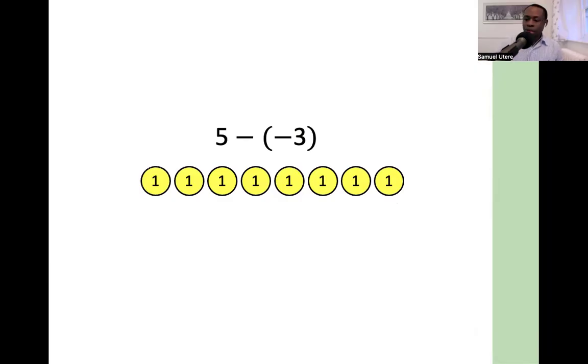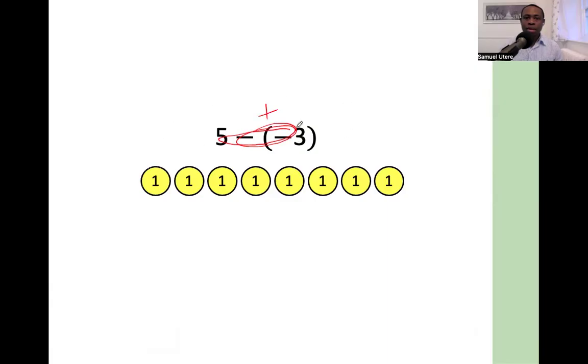Now, there is something I want to show you, which we will discuss in our subsequent slides as we move along in this lesson. I want you to know that 2 negatives next to each other is positive.